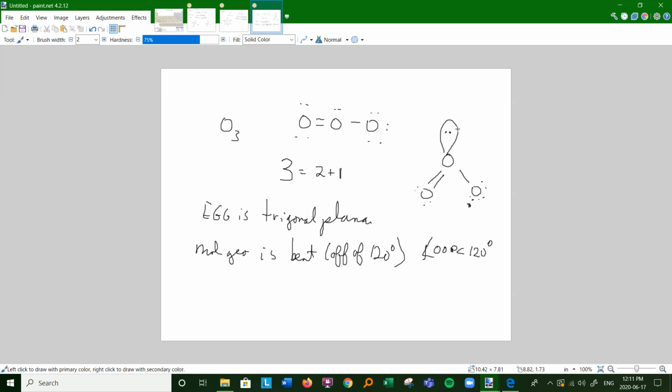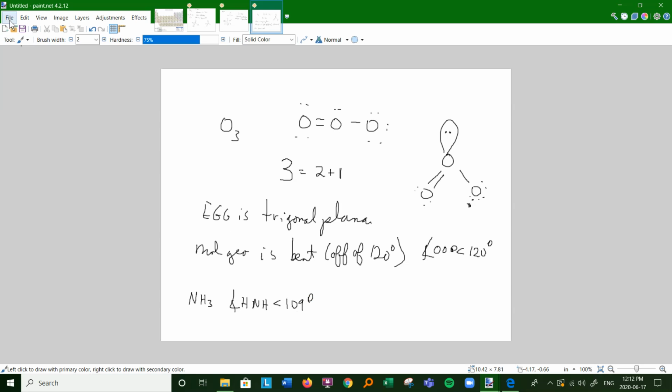If you have 2 lone pairs, they push each other away from each other and squeeze in things even more. That's why, for example, in nitrogen trifluoride, or even ammonia, the angle HNH, that's my symbol for angle, is going to be slightly less than 109 degrees.